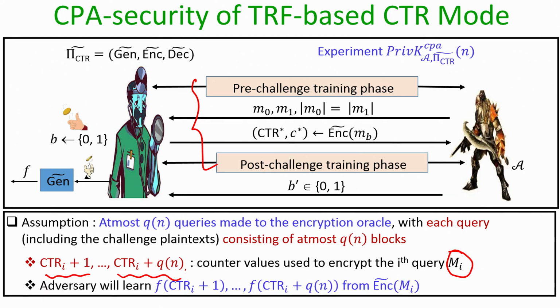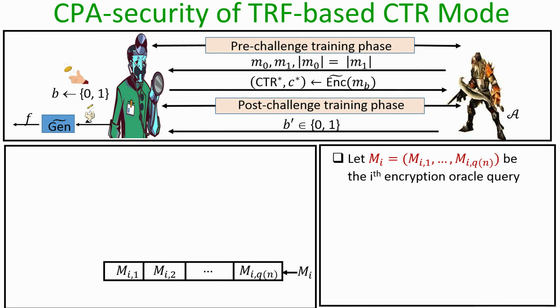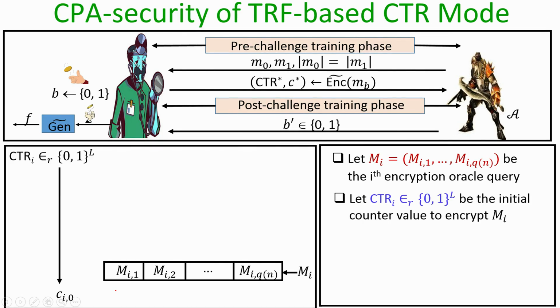So, the first observation is that if the adversary submits the message big M_i for encryption and sees the encryption of that message as per this variant of the counter mode of operation, then by seeing the ciphertext the adversary will learn the value of the unknown truly random function on these counter values, namely counter_i + 1, counter_i + 2 and so on. Why? Let us consider the ith query big M_i, which consists of Q(n) blocks.